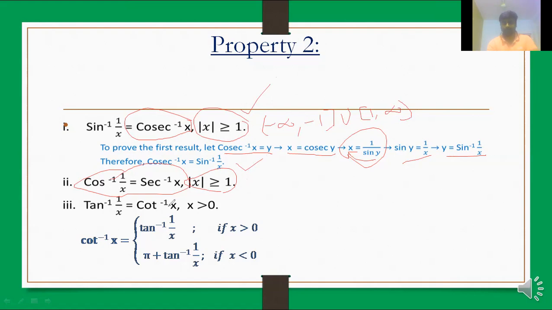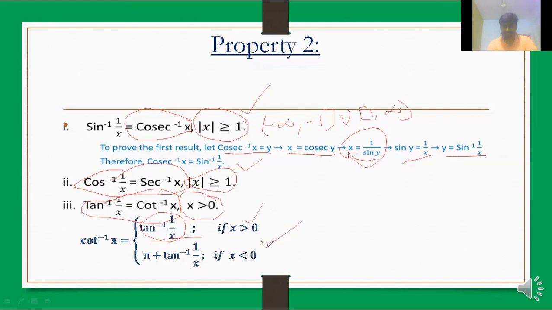Clear? Now, similarly, tan inverse of 1 by x is cot inverse of x. Both are reciprocal to each other, right? Anyway, x must be greater than 0. That is the condition for this, and it is very important. So cot inverse of x equals tan inverse of 1 by x, correct only if x is greater than 0.